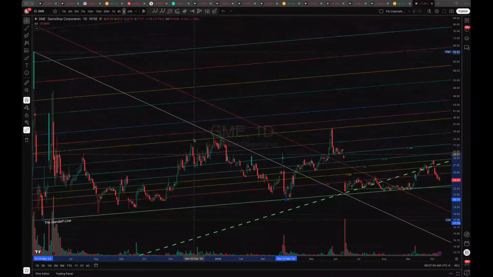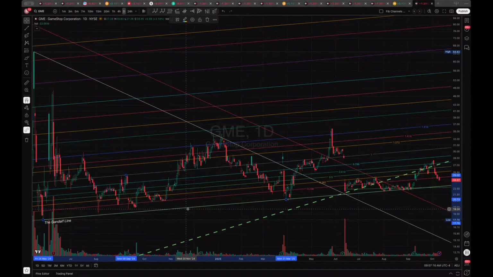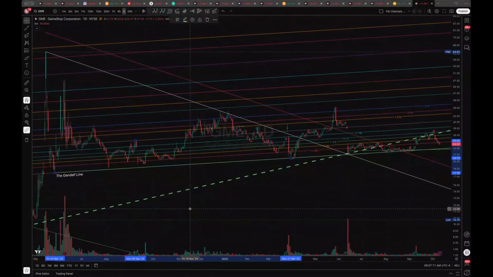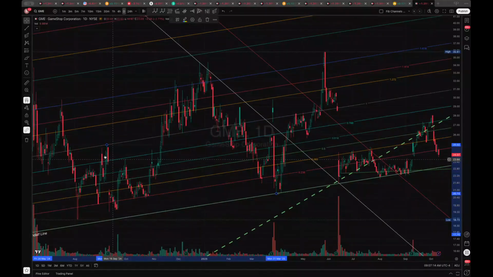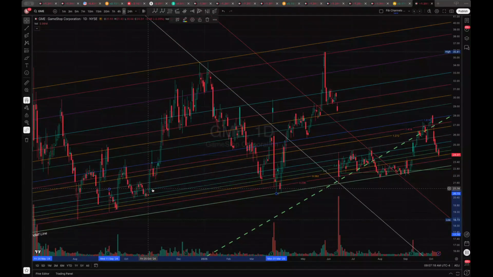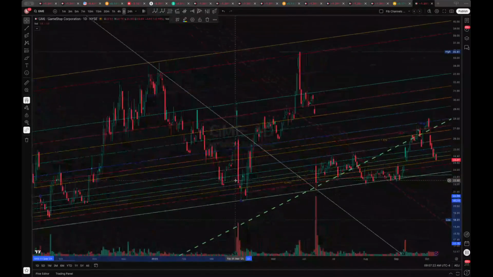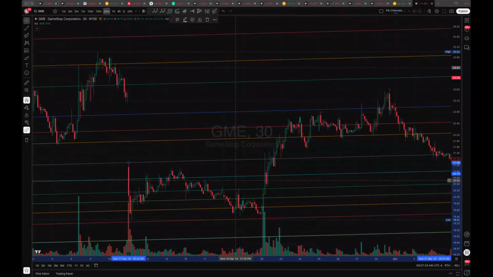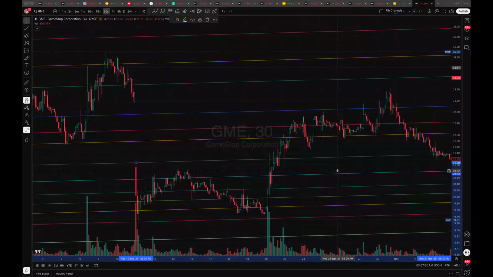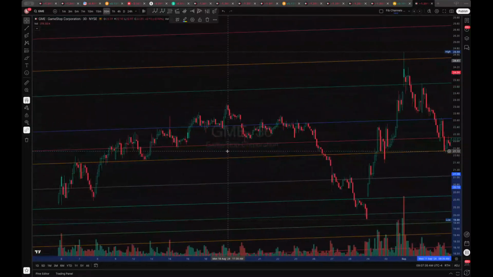And you can kind of play with the placement of this, and if it's too narrow, then it really doesn't tell you a whole lot unless you're on a really small time frame. But the smaller your time frame, the more meaningful it might get.